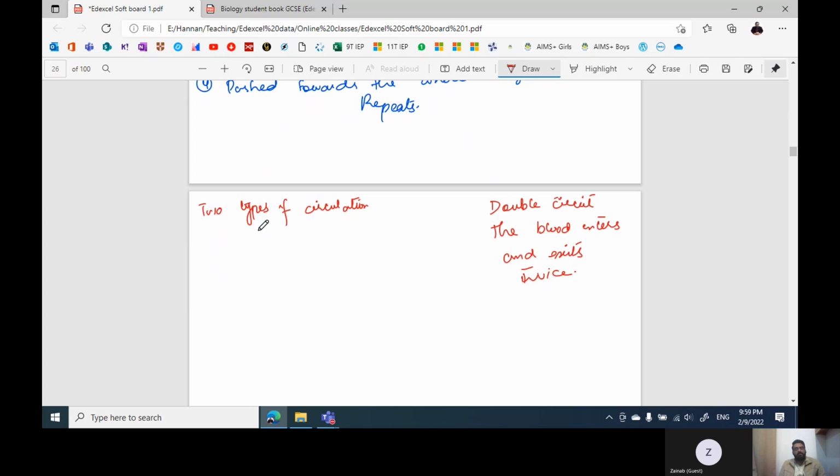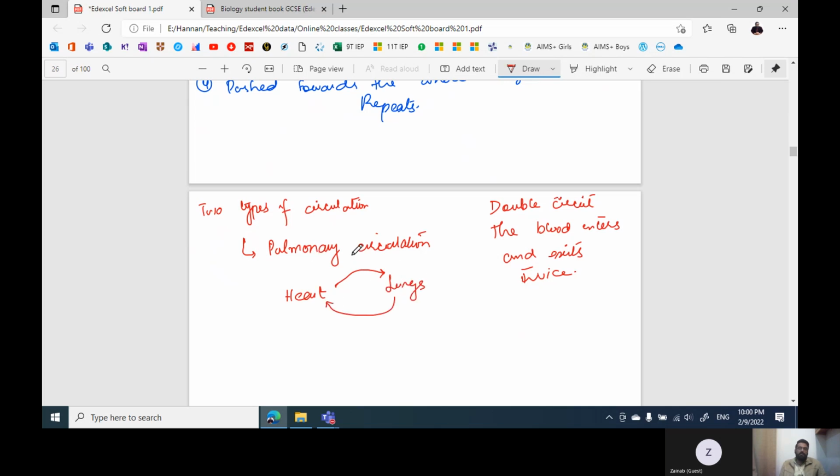So according to this, there are two types of circulation. One circulation is known as pulmonary circulation. Pulmonary circulation means that the blood goes to the lungs and back to the heart.